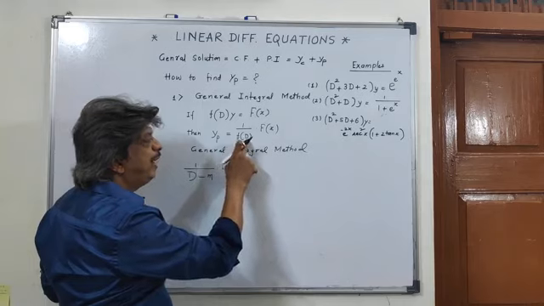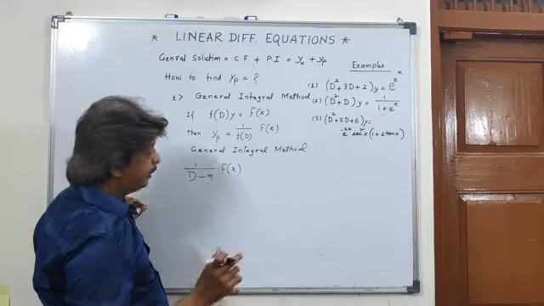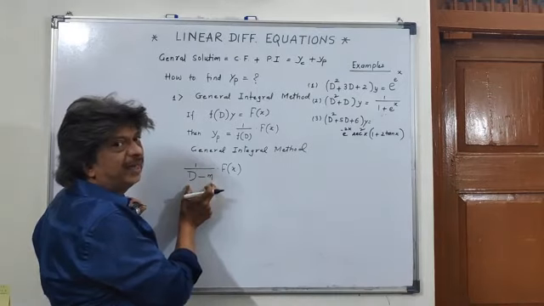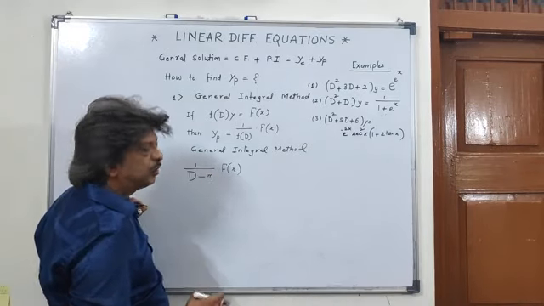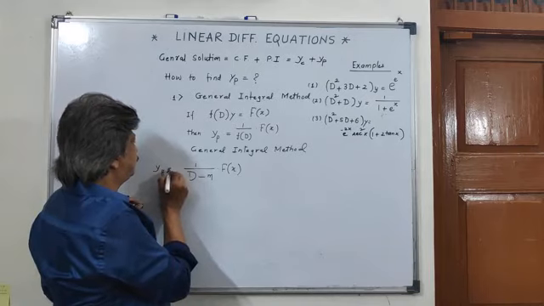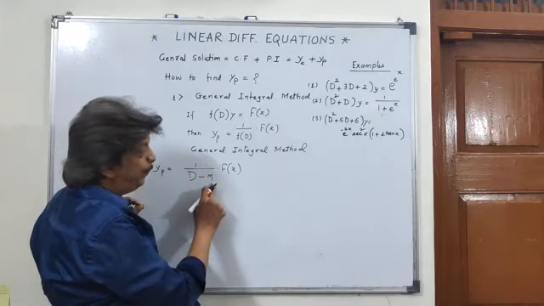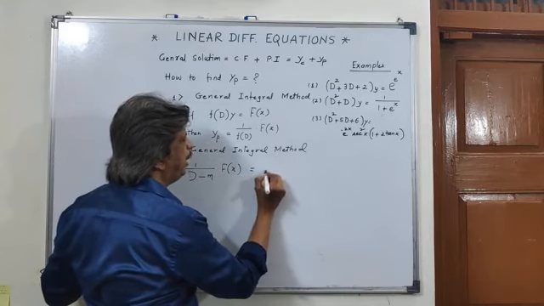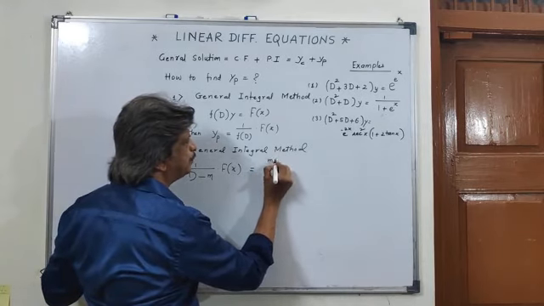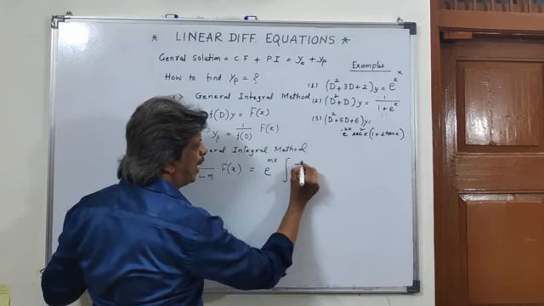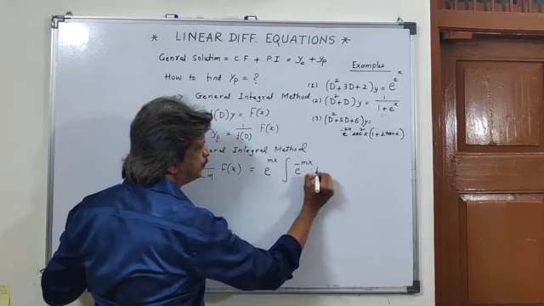If this f of D is expressed in terms of linear factors D minus m, then yp, 1 upon capital D minus m operating on f of x, is equal to e to the power mx into the integral of e to the power minus mx into f of x.